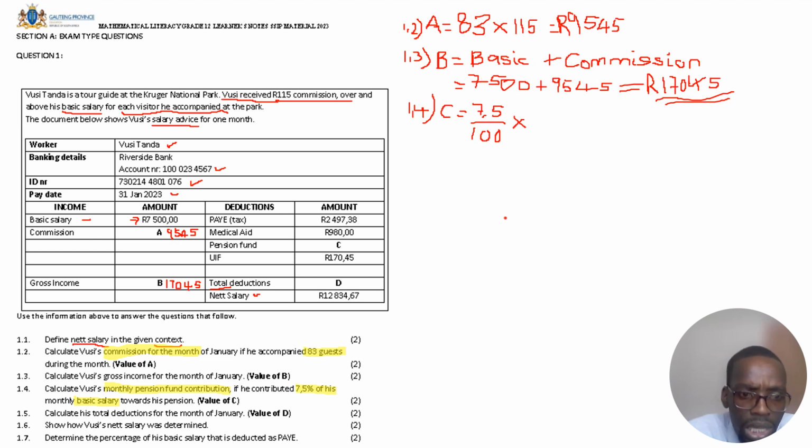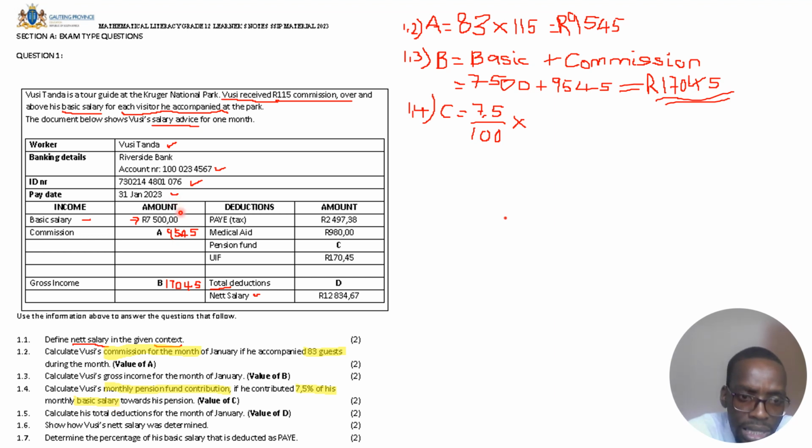So it means his monthly basic salary is this one here. This is basic salary. So it's 7.5% of 7,500. Okay, that's his monthly basic salary, because here he's contributing 7.5% of his monthly basic salary.